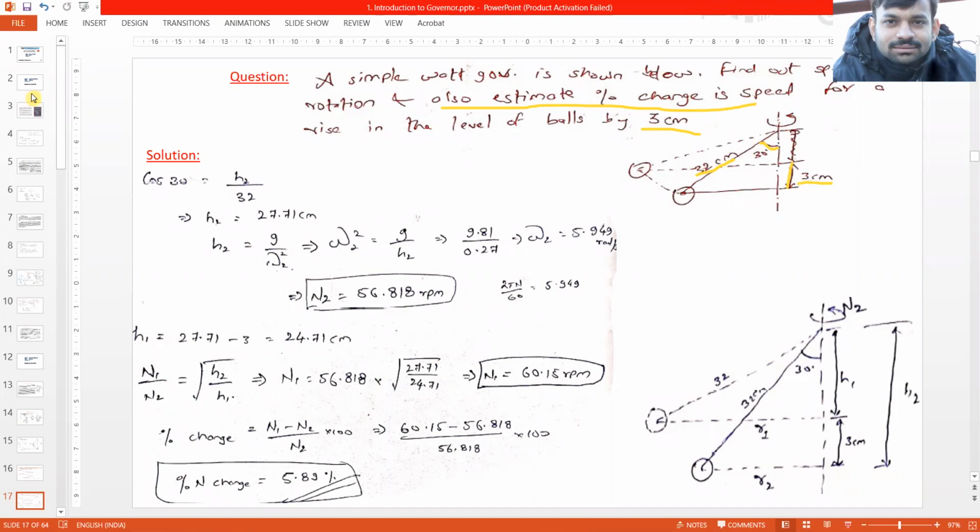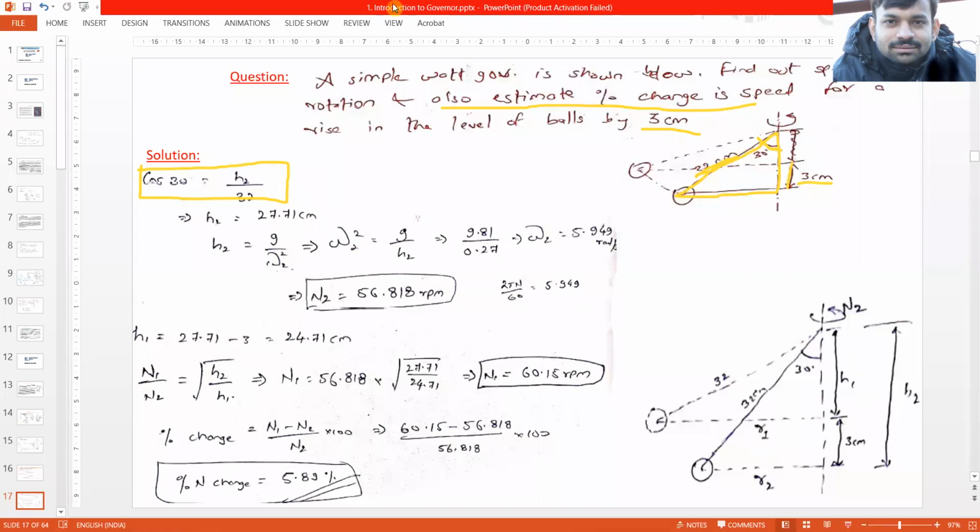So we can directly use this: cos 30 will be h2 divided by 32. This is a triangle, and one angle and one side are given to us, so we can determine the other sides also.